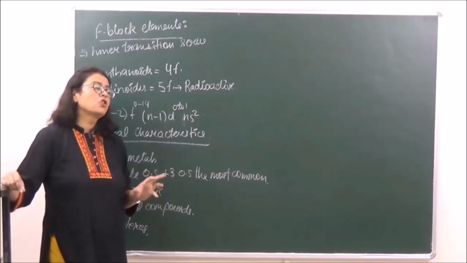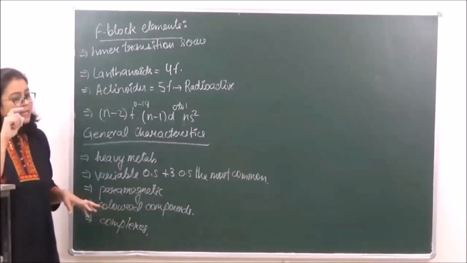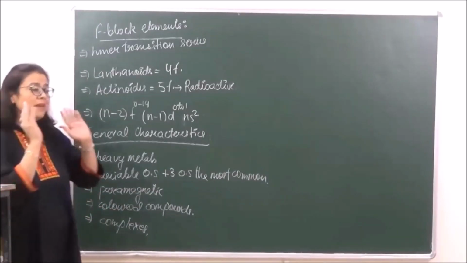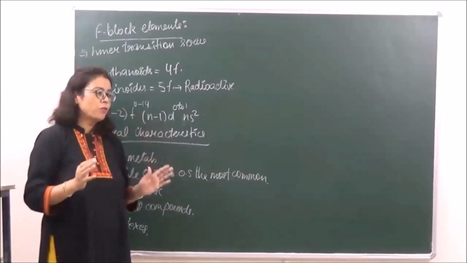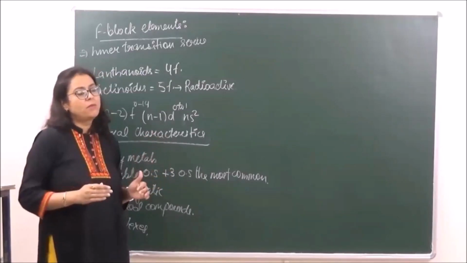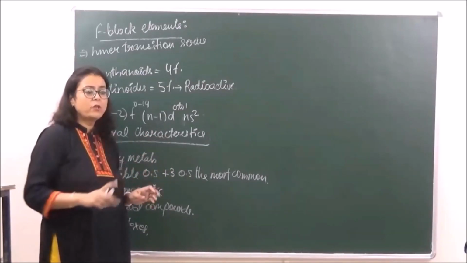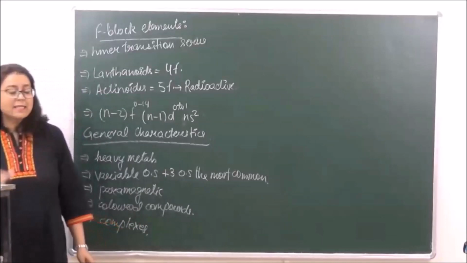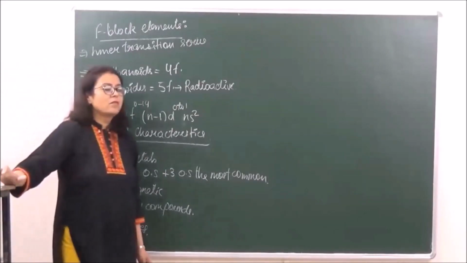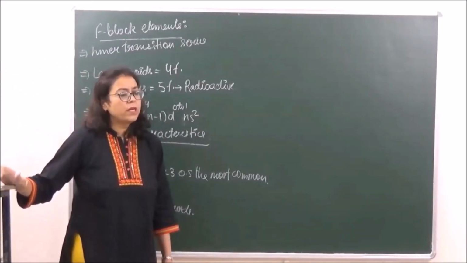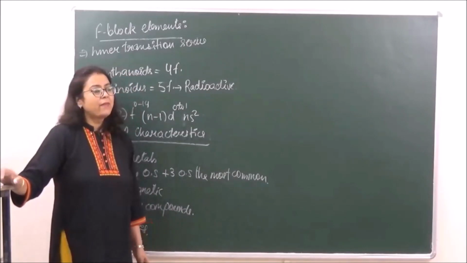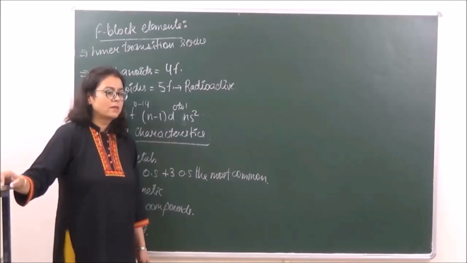And also the position of lanthanoids and actinoids. The lanthanoids and actinoids were not placed in the main body of the periodic table; they were given separate places. So these are the only two drawbacks. Now in the next class, we are going to study the periodic properties and their general trends. Okay?